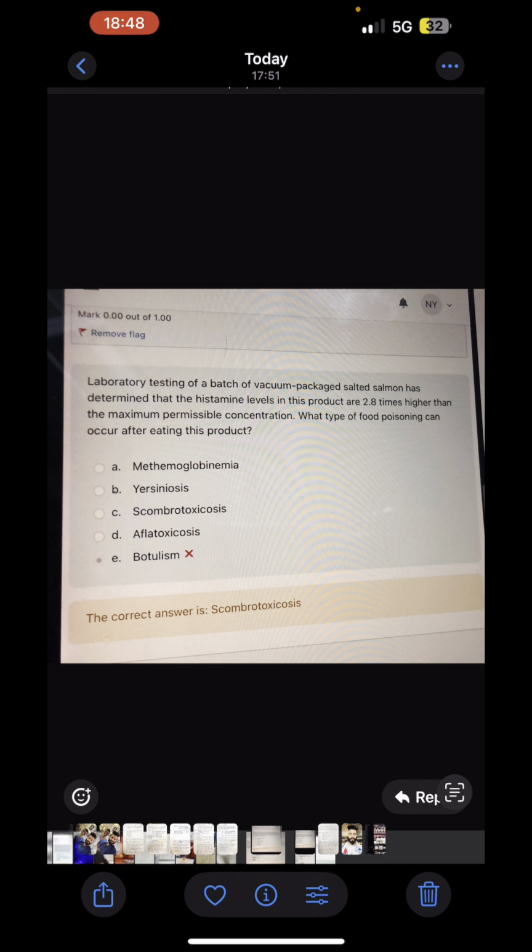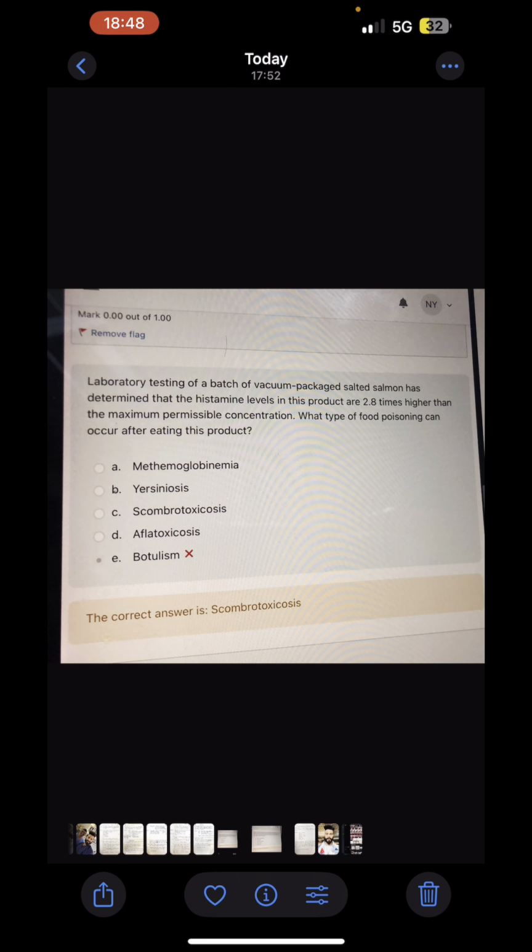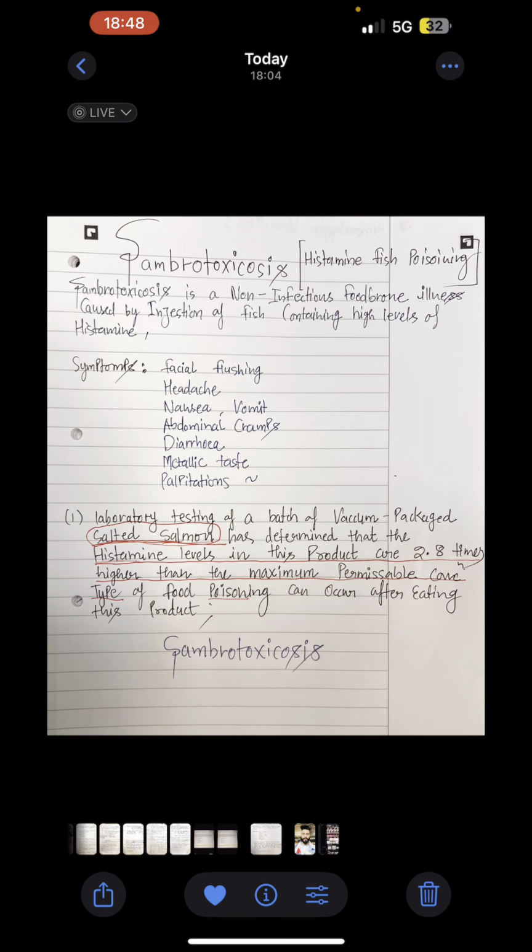Next is a question on Scombrotoxicosis. This is something new, which I also found new just in recent days. So let's see what Scombrotoxicosis is. It is a non-infectious foodborne illness caused by the ingestion of fish containing high levels of histamine. Let's read it again. Scombrotoxicosis is a non-infectious food-borne illness caused by the ingestion of fish containing high levels of histamine.